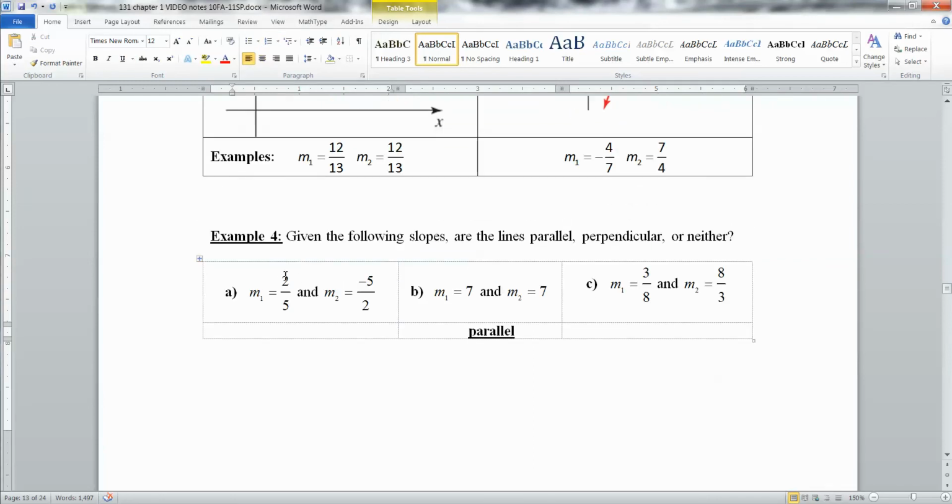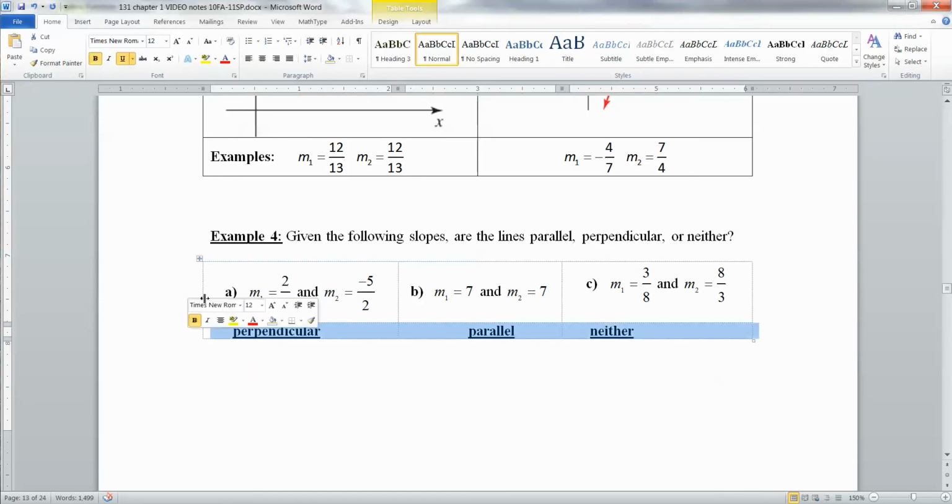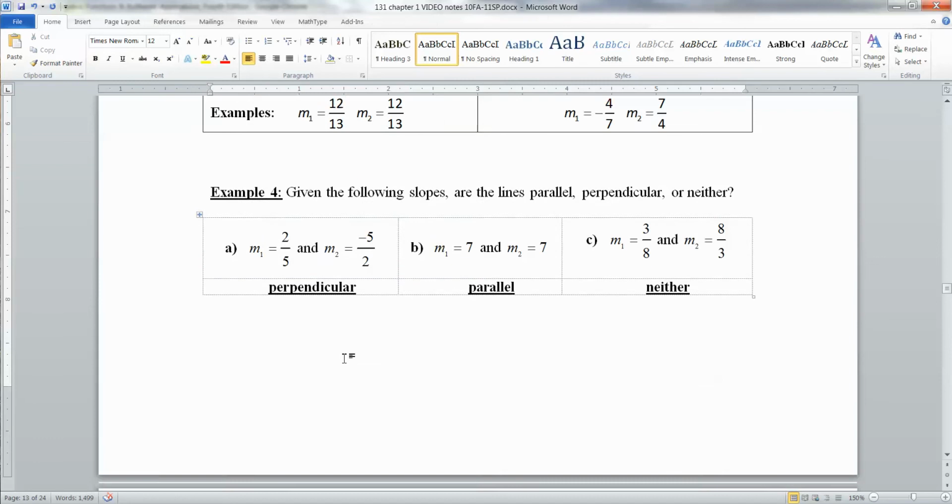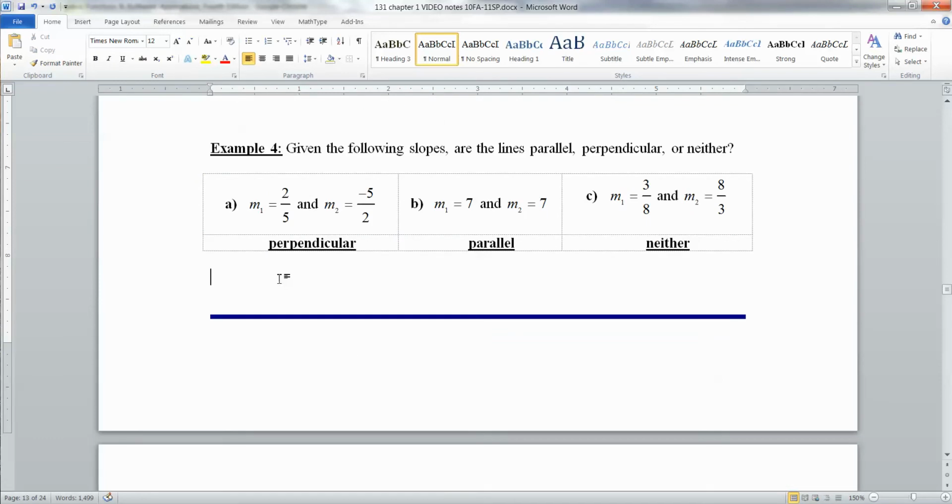Well, they're reciprocals. One's 2/5, one's 5/2, and they're opposites. So this is perpendicular. And then this one over here is neither. It's close to being perpendicular because one's 3/8 and one's 8/3, but the problem is that you need one to be positive and one to be negative for that to work, and you didn't have that in this case.